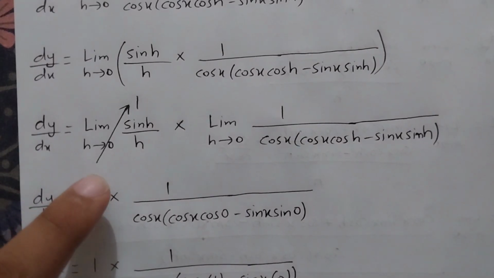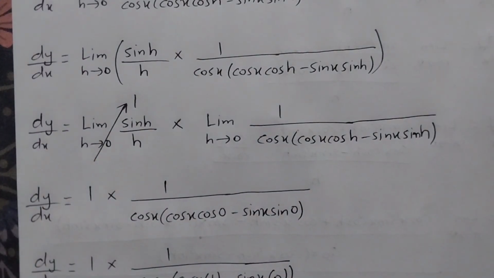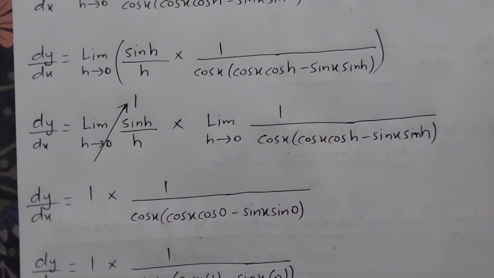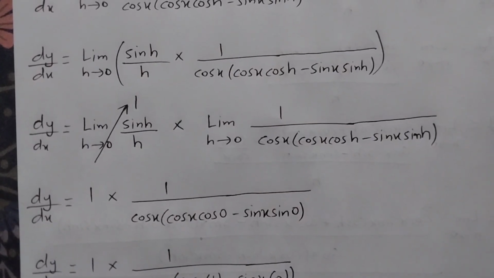So h needs to be in radians here, and if we are using this limit, our original angle, which was x, also needs to be in radians, because this result holds when h is in radians.